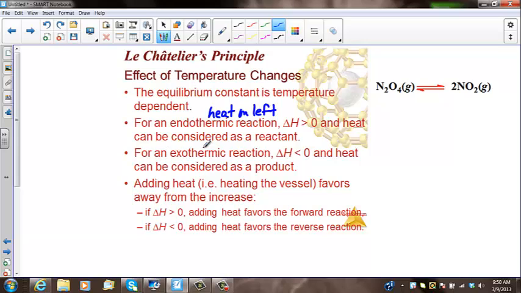For an exothermic reaction, meaning heat is on the right, we know that delta H is less than 0 because delta H would be negative, and heat can be considered a product. So if we add heat, it favors away from the increase. So if I add heat to an endothermic reaction, it would favor the forward direction, and if my delta H is less than 0, meaning exothermic, and I add heat, it would favor the reverse reaction.